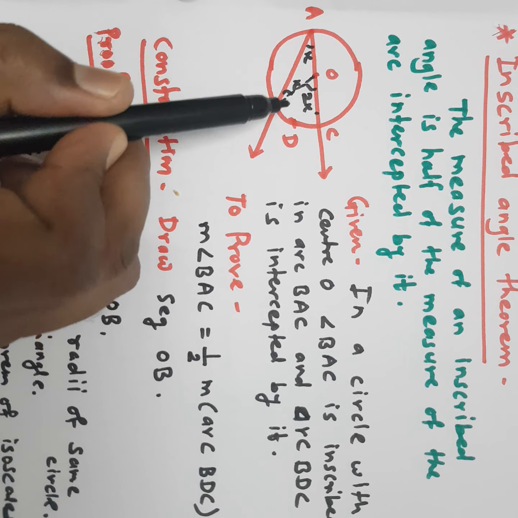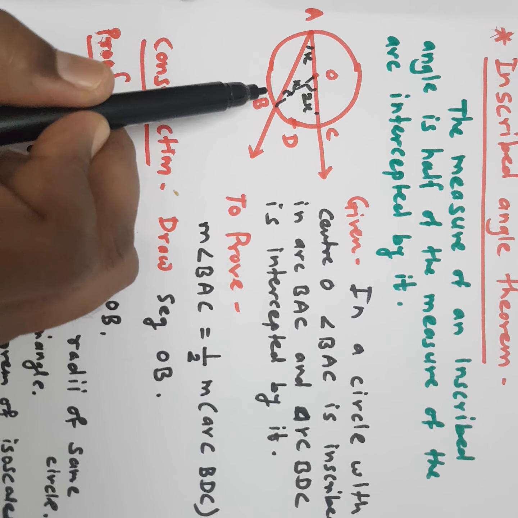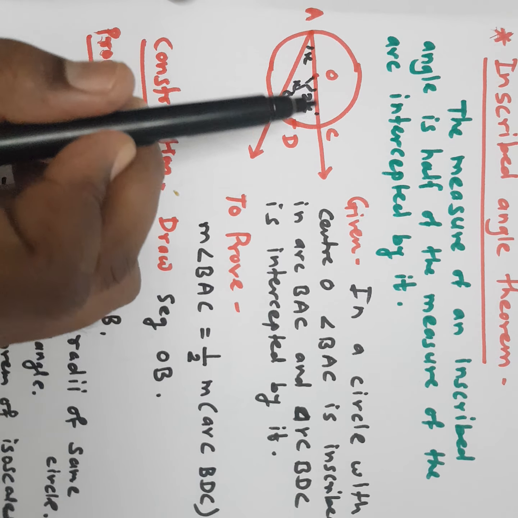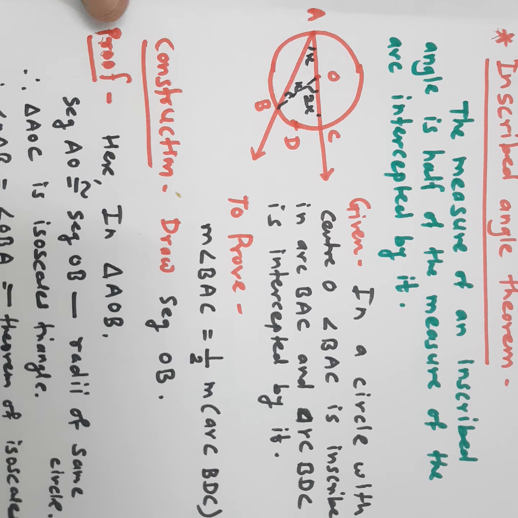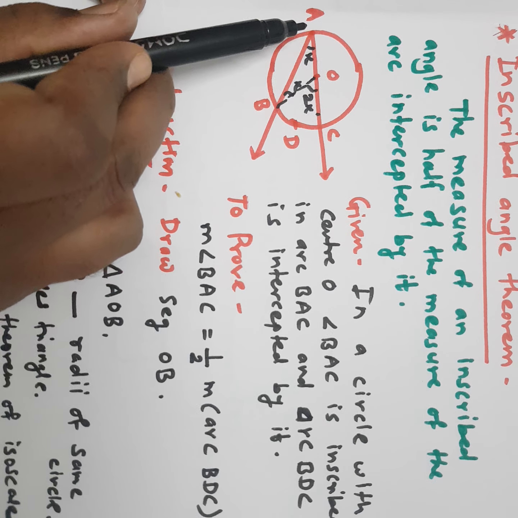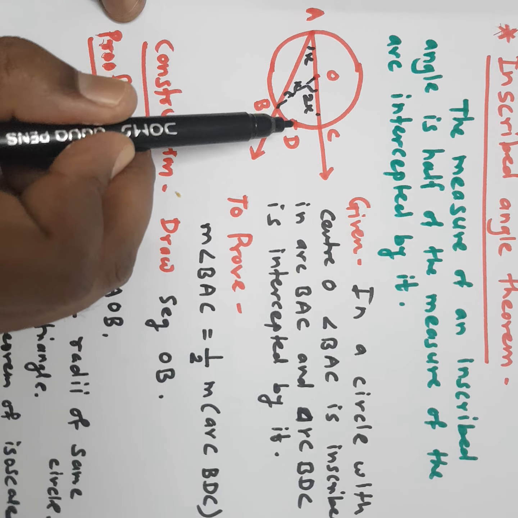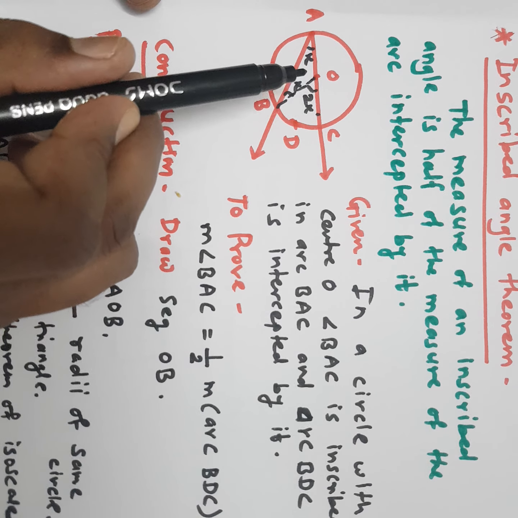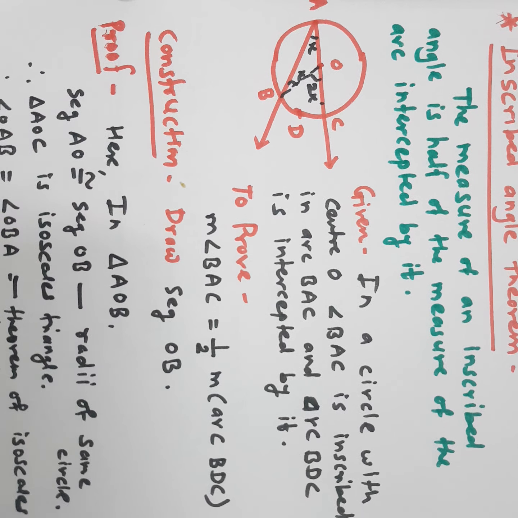Angle BOC is 2x and angle BAC is x, means angle BAC is half of angle BOC. The angle subtended by the arc at a point on the circle is half of the angle subtended by the same arc at the center.